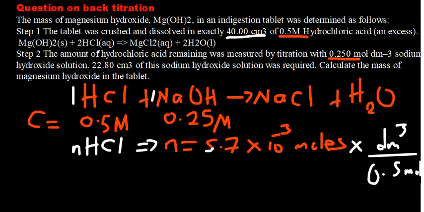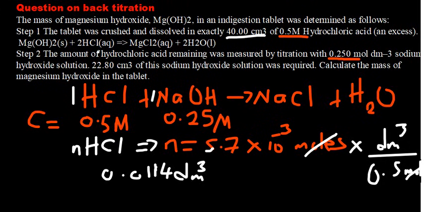The moles will cancel out, and you remain with decimeter cubed. So 5.7 by 10 to the power negative 3 divided by 0.5, we have 0.0114 decimeter cubed. So this is our volume of HCl that reacted in the second what?